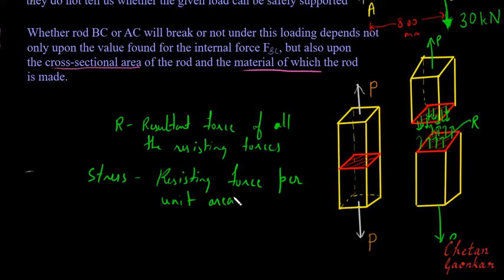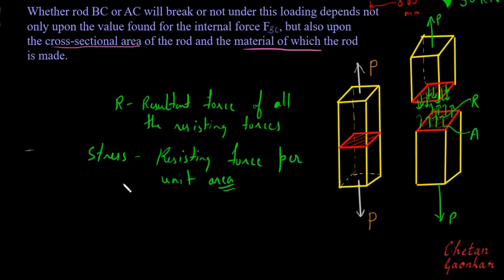And which area is this now? This area is nothing but the area which is marked in red. This entire area marked in red, I can name it as A. So resisting force per unit cross sectional area is nothing but stress, and this is the actual definition of stress.